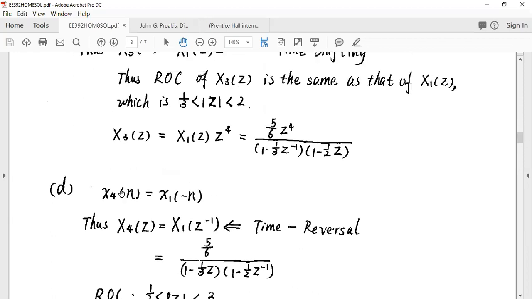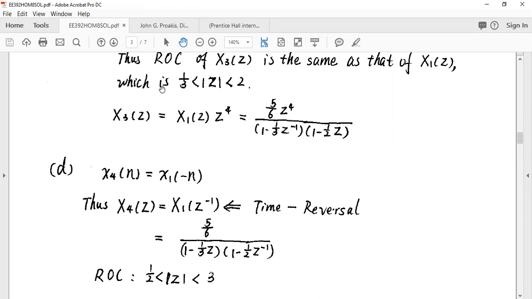Basically, what you can see is that the region of convergence of the z transform of x1 of n can be reversed.